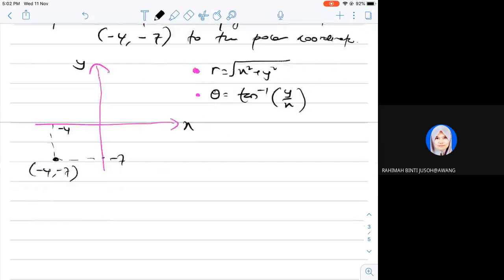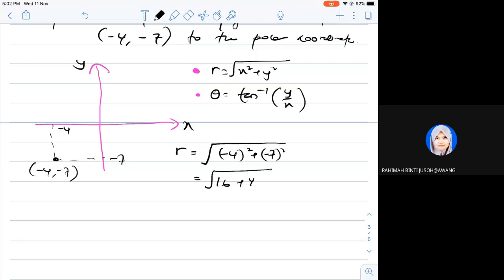So let us calculate the r. r equals the square root of negative 4 squared plus negative 7 squared. So we have 16 plus 49. So we will have 65, square root of 65.